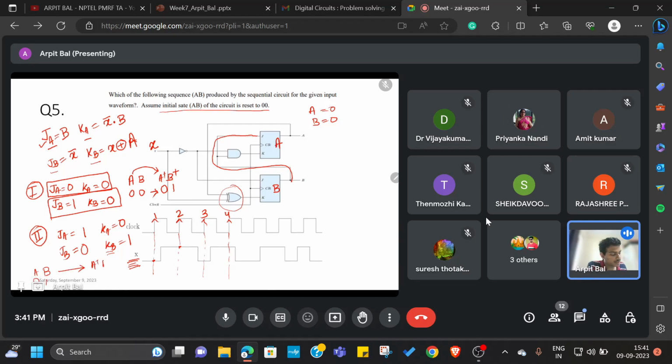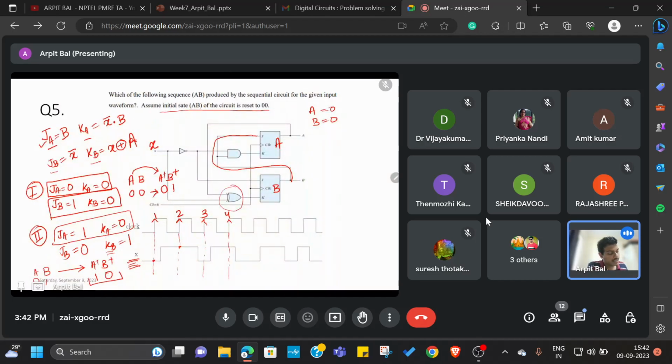Okay, for this particular case, our AB initial was 0, 1, and it translates to A plus B plus. And what will be this A plus B plus? 1, 0. Because JAKA is equal to 1, 0, it means A plus will be 1 irrespective of any input.